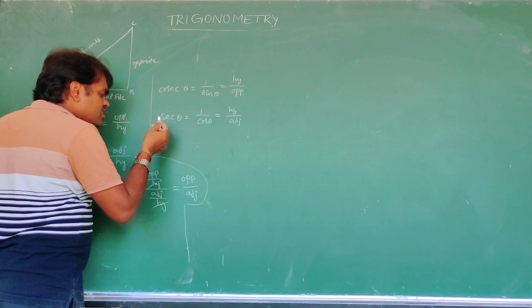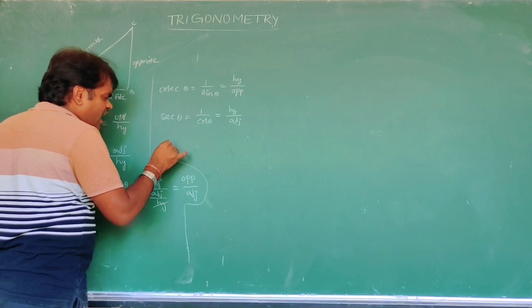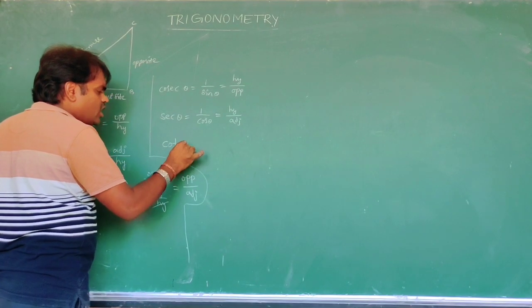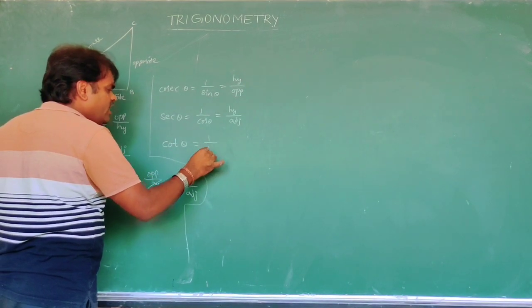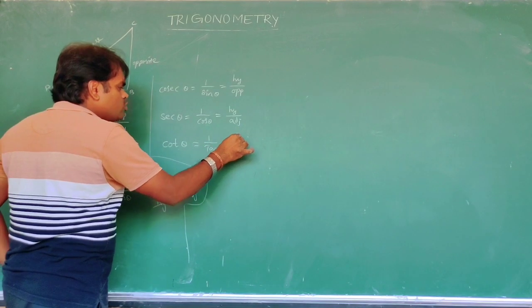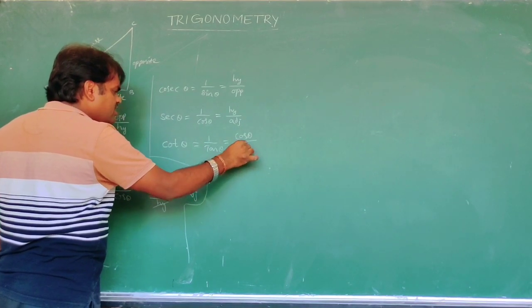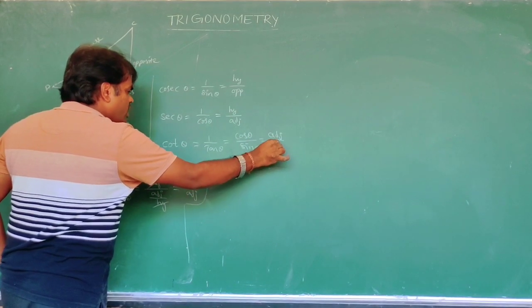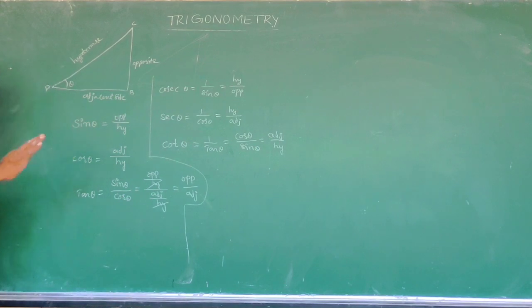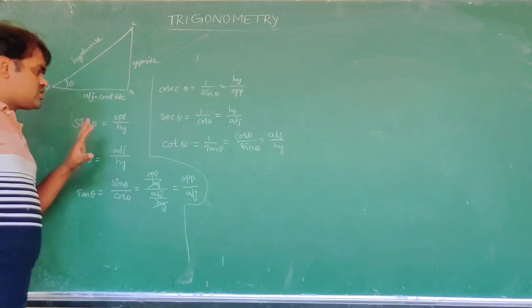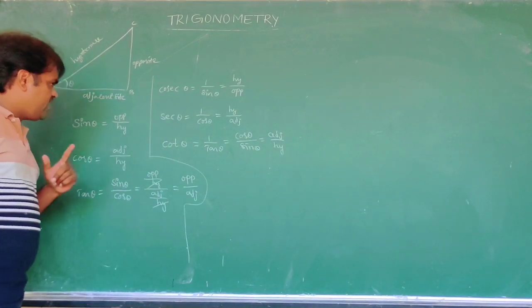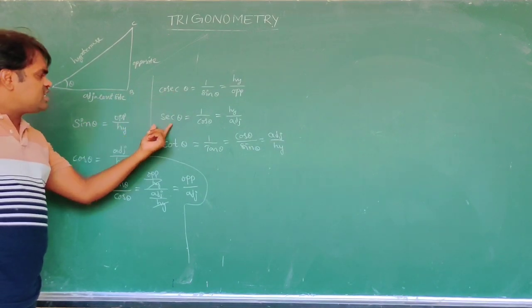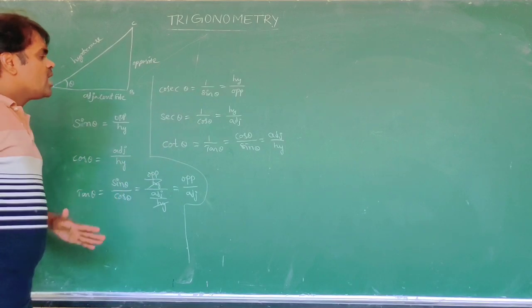Reciprocal of tan theta is cotangent. Cot theta is 1 by tan theta, that is cos theta by sin theta, adjacent side by opposite side. These are the 6 trigonometric ratios: sin theta, cos theta, tan theta, and their reciprocals cosecant, secant, cot.